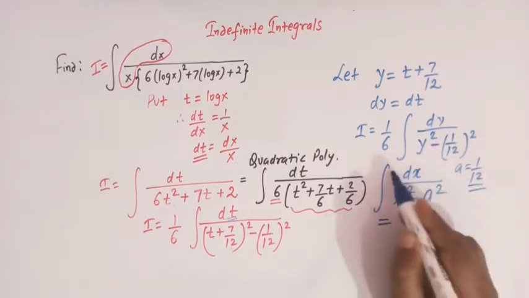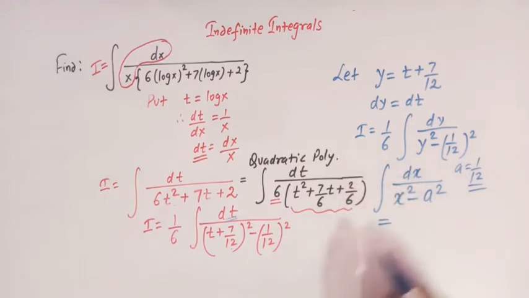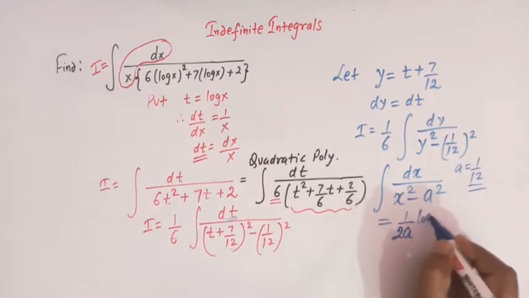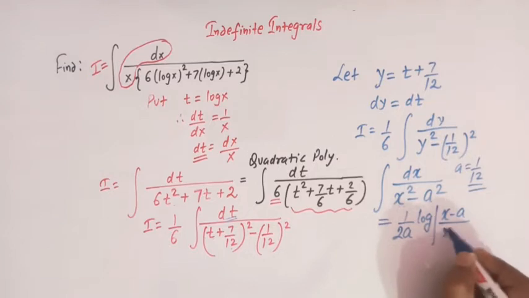And we know that the integral of 1 over x square minus a square is given by 1 over 2a, and log of x minus a over x plus a, right?